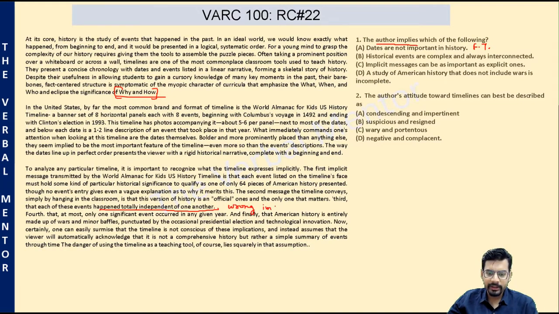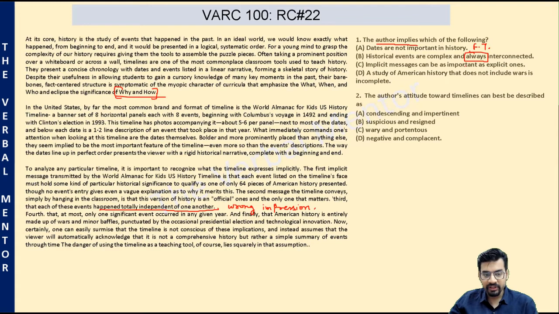He does not call it, but he implies that this could be a potentially wrong impression, that these 64 events were independent, totally independent of one another, which means author thinks that the historical events are not independent, they are interconnected. However, option B says they are always interconnected.